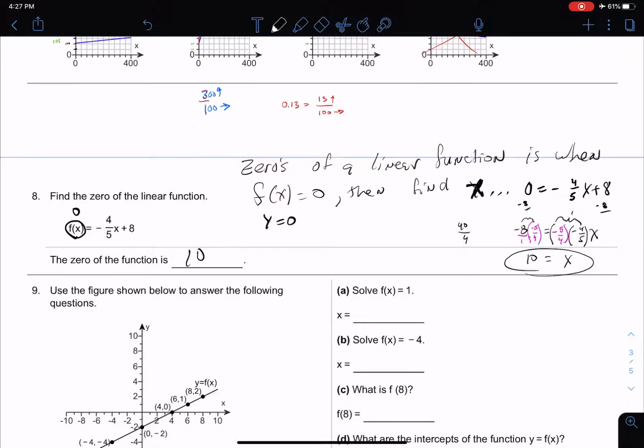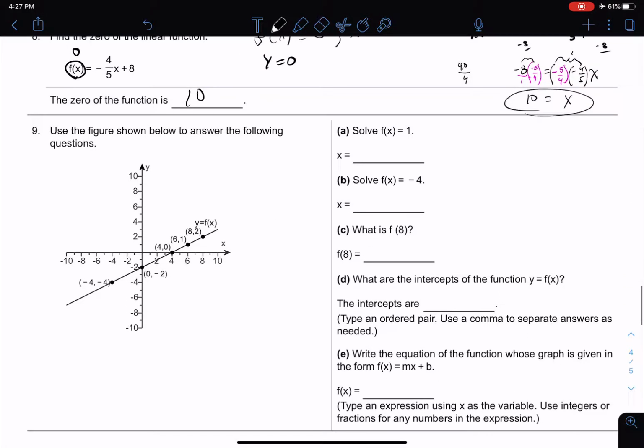Let's look at the next one, and they're trying to get us to understand function notation. We did this in the last homework sets, 2.3, I think we did some of these, but this is important. We're going to do more of them right now. They say solve f of x equals 1.